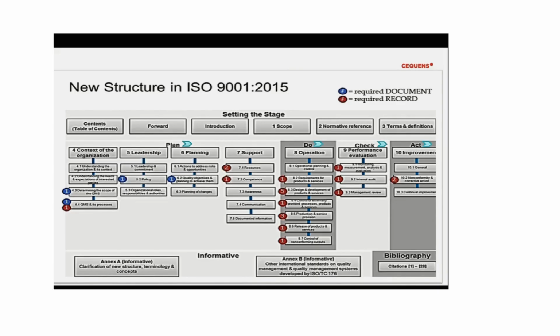We have the table of contents, the introduction, the scope, the normative references, and terms and definitions. This is, as I said, the stage setting, the first 3 clauses in ISO. So don't mind them.